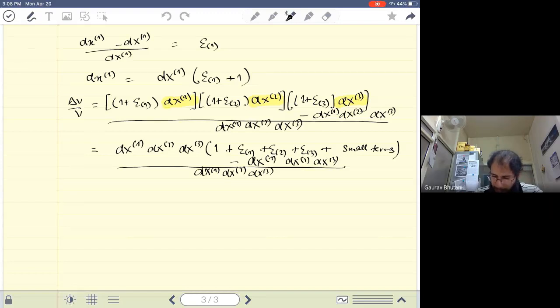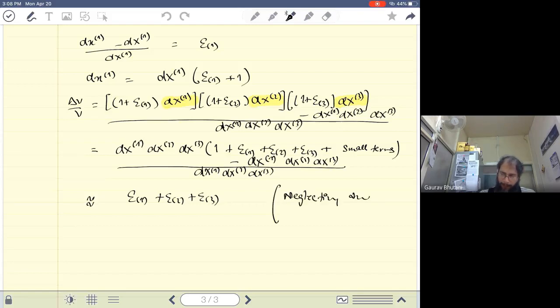So what we'll see is that this becomes, well, we should use an approximate sign here, because we neglected the small terms like epsilon times epsilon.